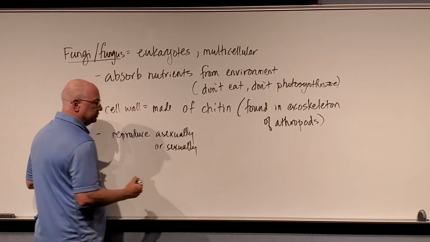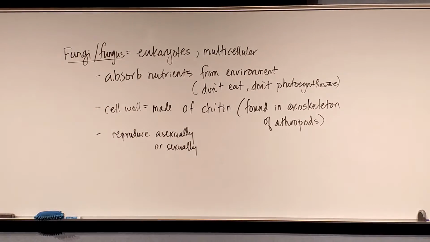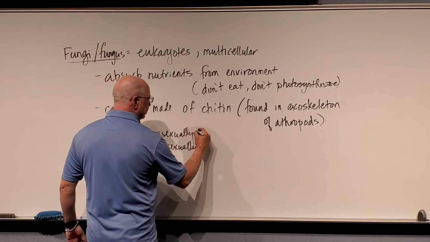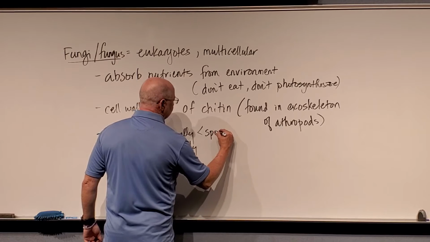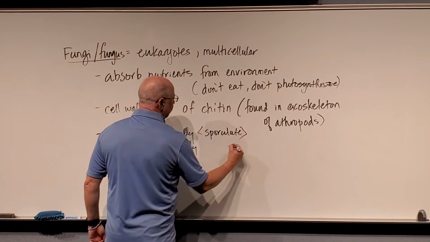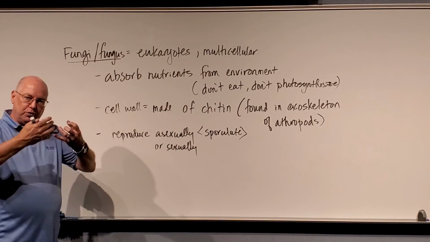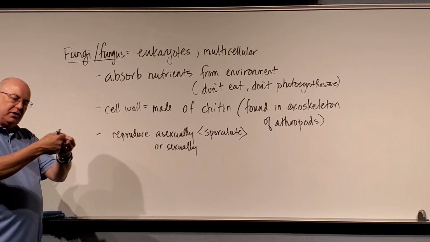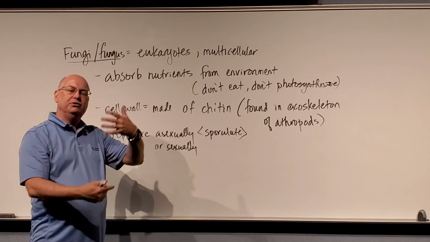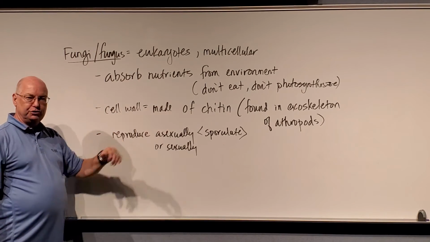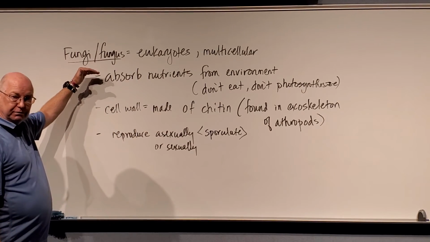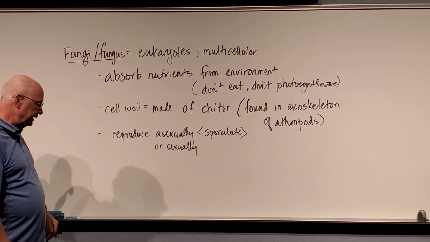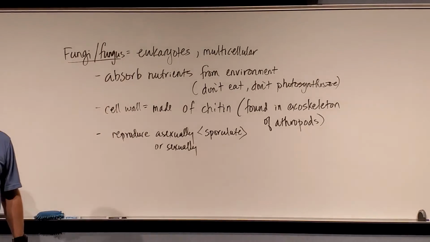And we'll talk about some that do either or when we get to study some fungi in a little bit more detail. When we talk about their asexual reproduction, they do what we call to sporulate. There's a whole group of fungi that form spores that they release into the environment, and those spores, when they fall on a food source, can start to grow and develop into a new fungus. Some mushrooms do that. My favorite fungus is a mushroom, and there's lots of mushrooms I love to eat, but there's other types of fungi out in the universe.